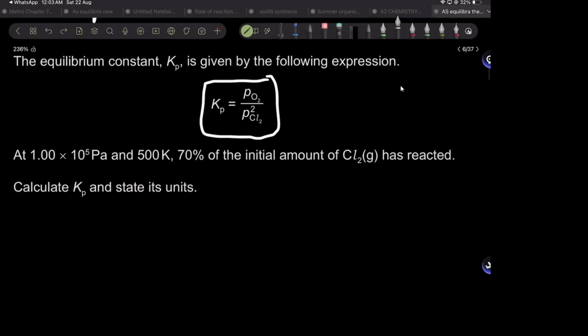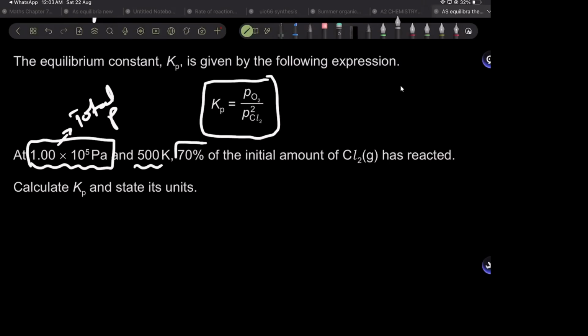It says that at this total pressure and 500 kelvins as the temperature, 70% of the initial amount of Cl2 has reacted. Now it's very mathematical over here.